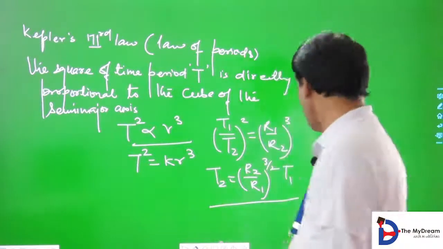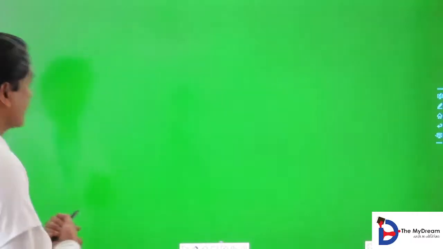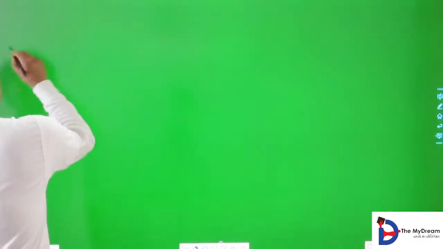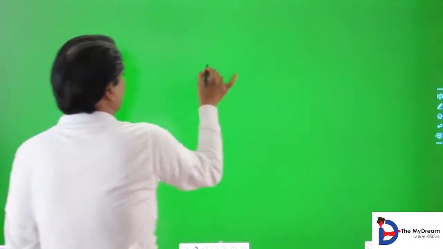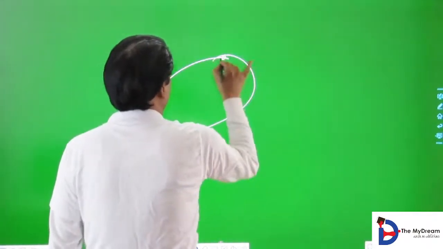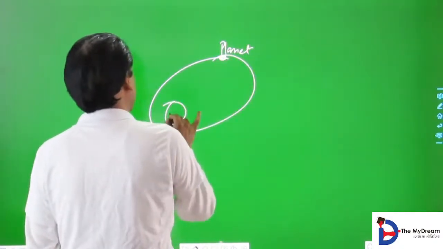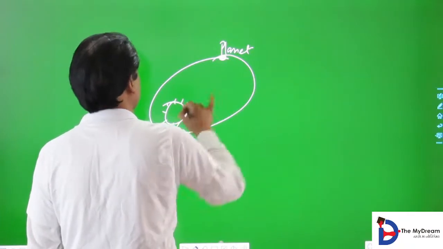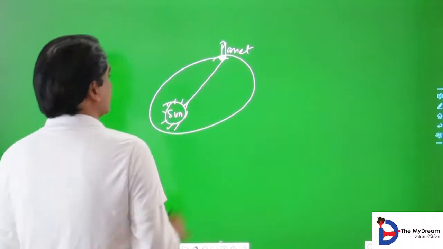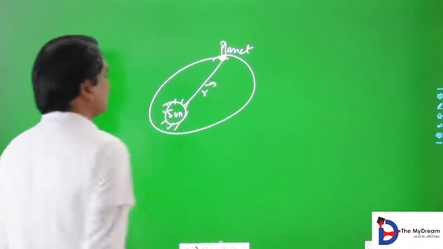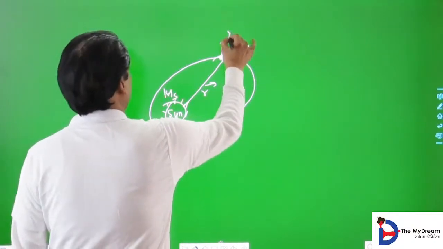Now we are talking about this planet, and this one is the sun, with position vector R, mass of the sun and mass of the planet.